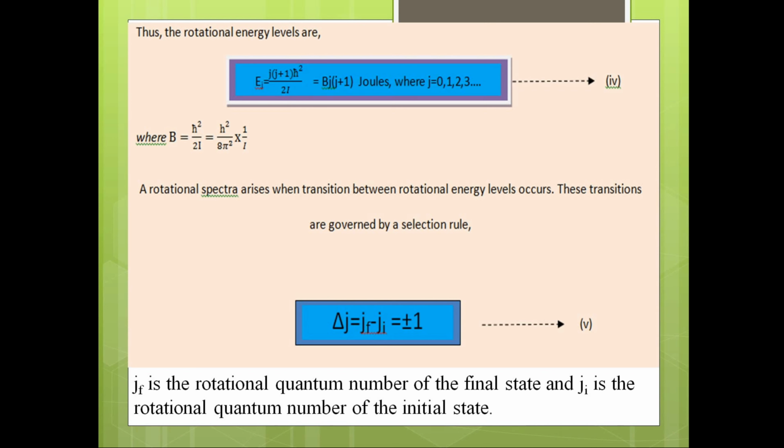Plus 1 will give you the emission line, and minus 1 will give you the absorption line. But we have already said that this rotational spectra is observed in absorption. So that is the practical aspect of it, but the selection rule says that spectroscopically delta J should be equal to either plus 1 or minus 1.